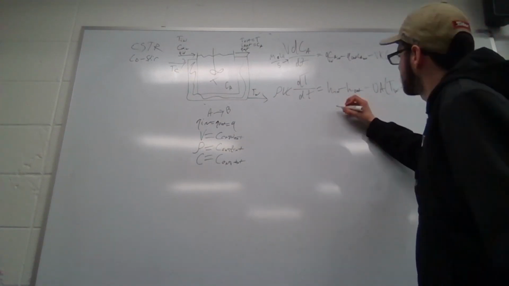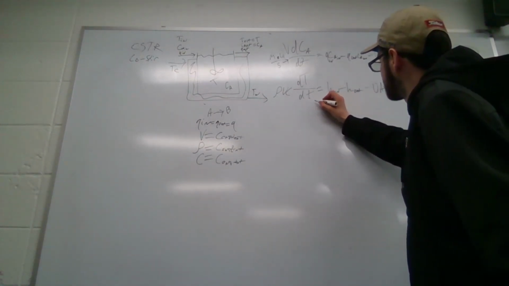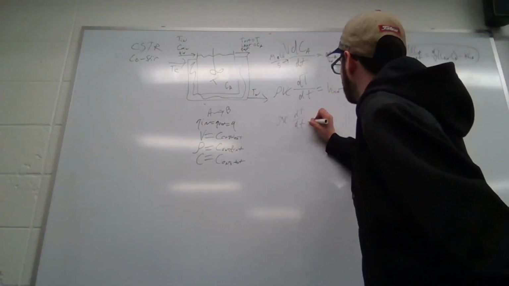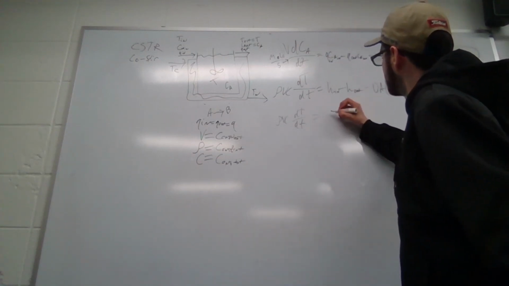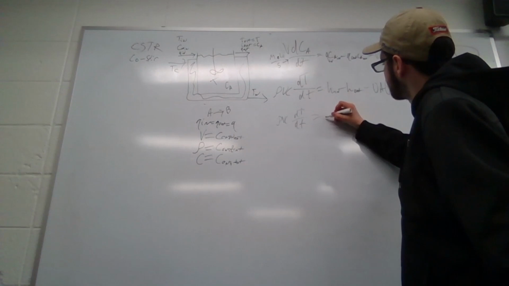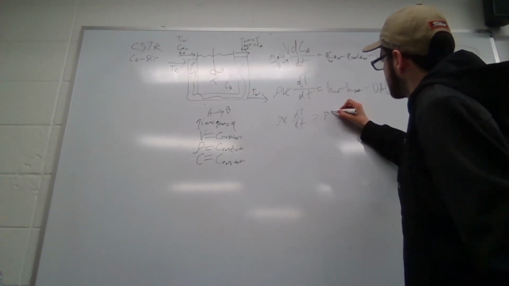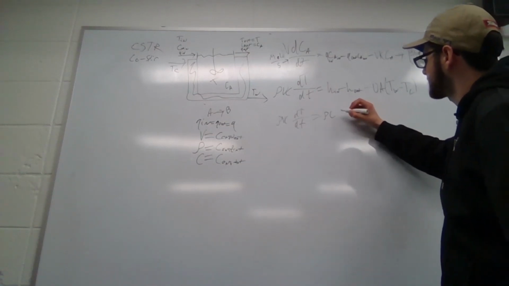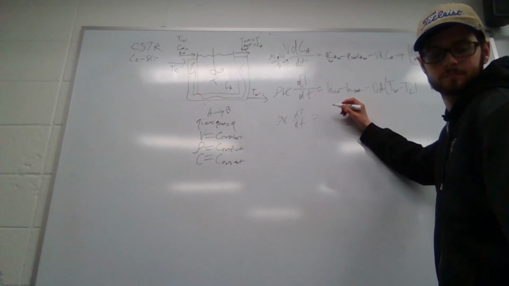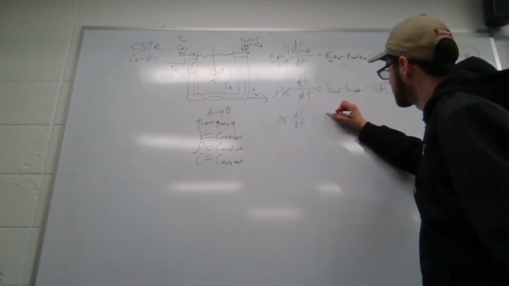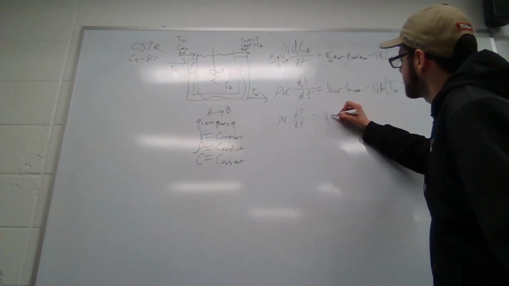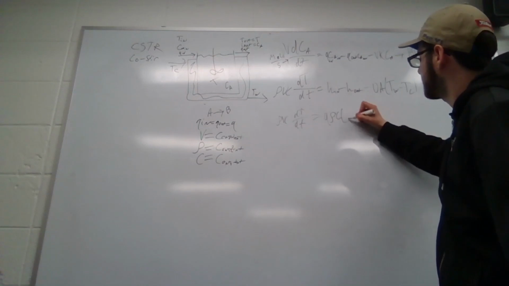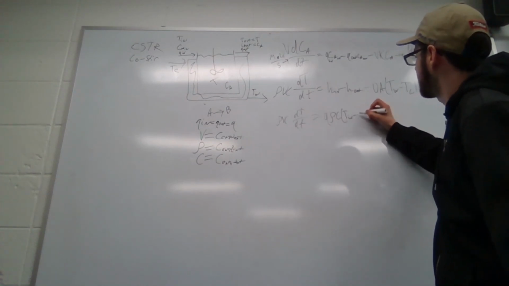So we have rho V C dT over dt is equal to Q, which is the rate in, times the density times the heat capacity. And the only thing that's changing for in and out is T in minus T in the tank.